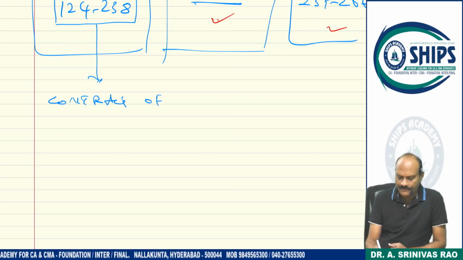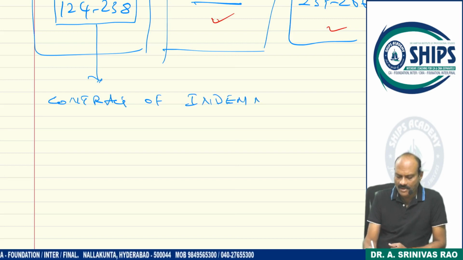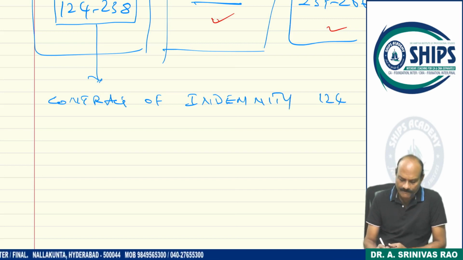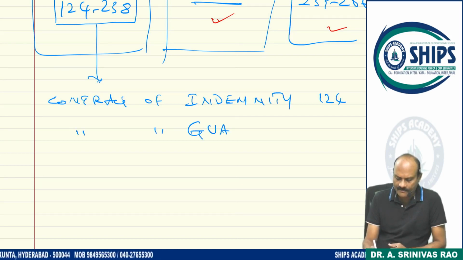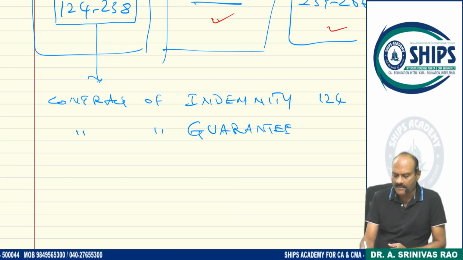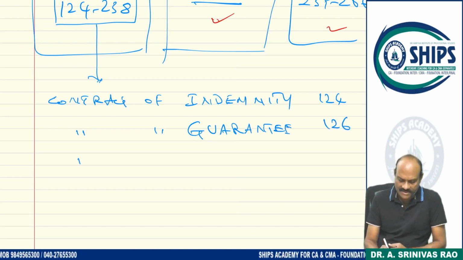Contract of indemnity, section 124. Contract of guarantee, 126.